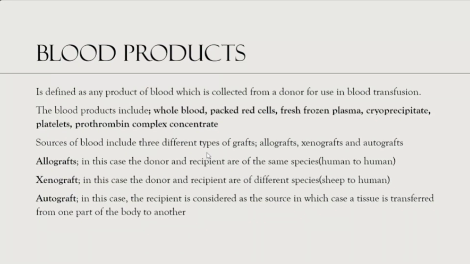For the autograft, the recipient is considered the source, the person who gives to themselves, in which a tissue is transferred from one part of the body to another, but still within the same human being.